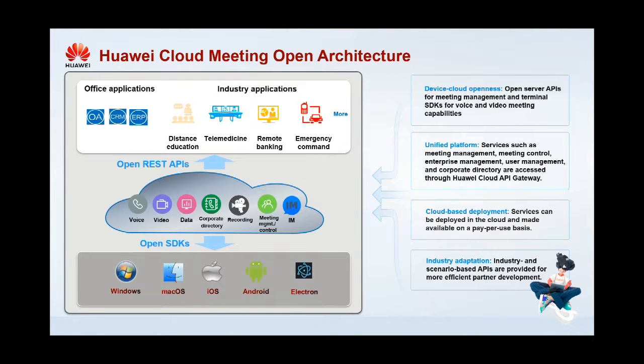We provide services such as meeting management, meeting control, enterprise management, and user management through the Huawei Cloud API Gateway platform. At the same time, services can be deployed on the cloud and made available on a pay-per-use basis. Meanwhile, industry and scenario-based APIs are provided for more efficient partner development.